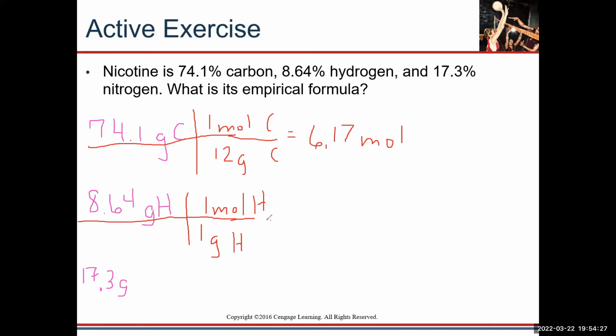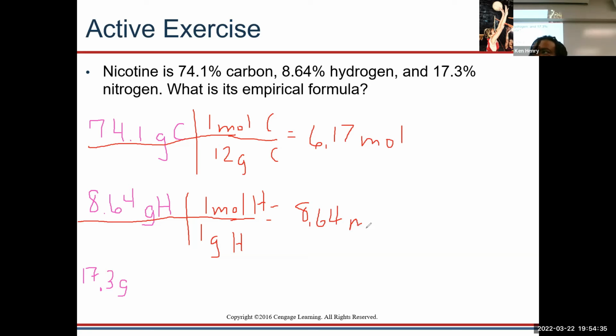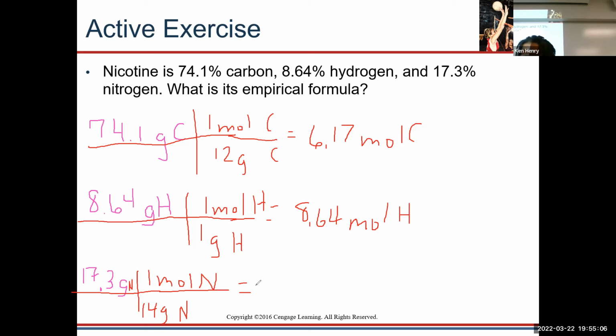So it's 8.64 moles. And then nitrogen, 14 grams. 1.24.